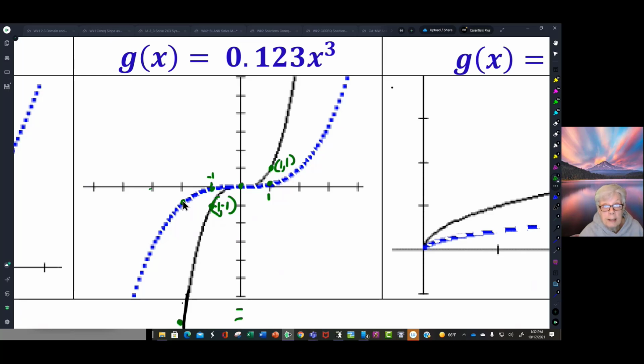So almost, but not quite negative 1. As a result, this shrunk graph moves closer to the x-axis. It's not a matter of above or below, it's actually a matter of closer to the x-axis. Because the y's control how far a graph is above or below the x-axis. Excuse me.